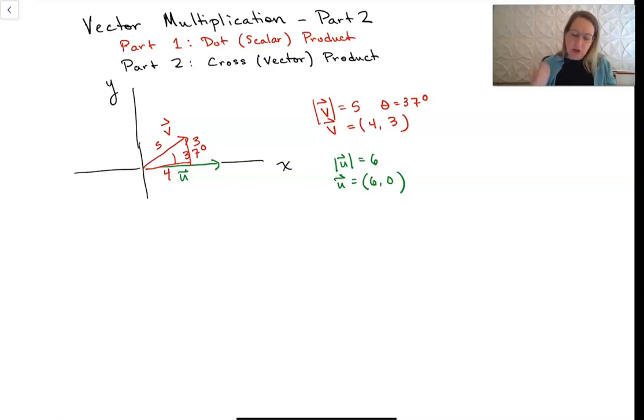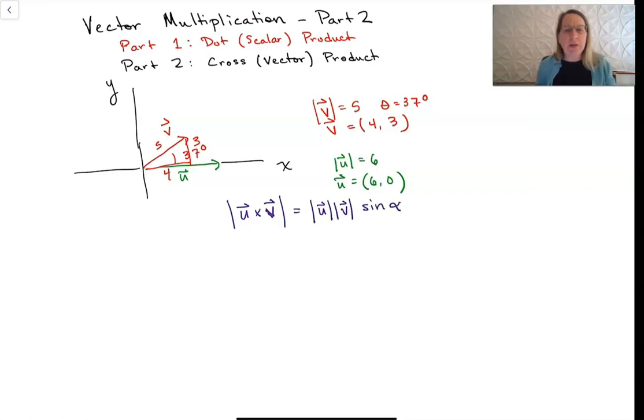So it turns out that the cross product, or this vector product, is written u cross v. I know it looks like a times, but I'm going to call it cross each time. The magnitude of this is u times v times the sine of the angle between them.